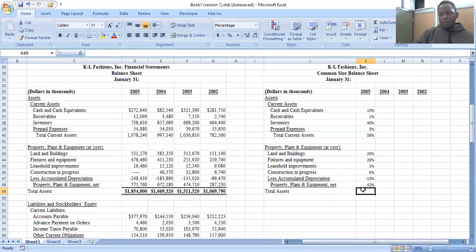Then the total assets shall be 100%, because it's the total assets divided by the total assets, 1854 divided by 1854. That is still the base item. The base item for the balance sheet is the total assets.